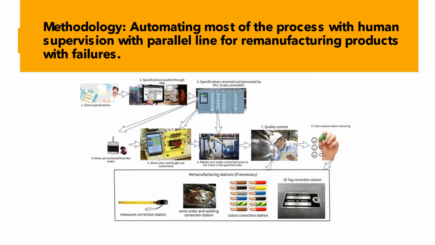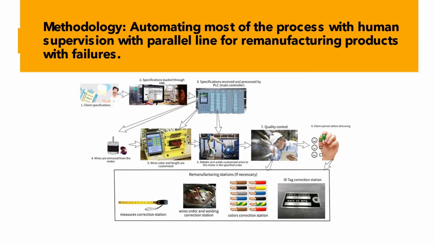If the product does not pass the quality control or the client opinion stage, it will go to the remanufacturing station, in which some machines will be in charge of making some corrections, like measures corrections and color corrections. Also, they will be in charge of the wire order and of checking if the ID tag is correctly placed on the motor.